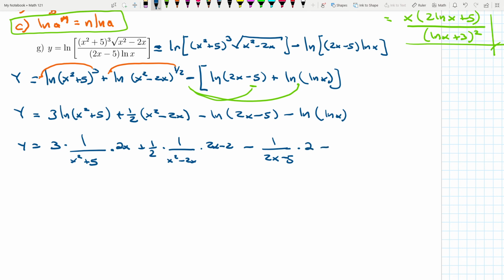And last but not least, the derivative of ln of ln x, that's 1 over ln x times the derivative of ln x, which is 1 over x.